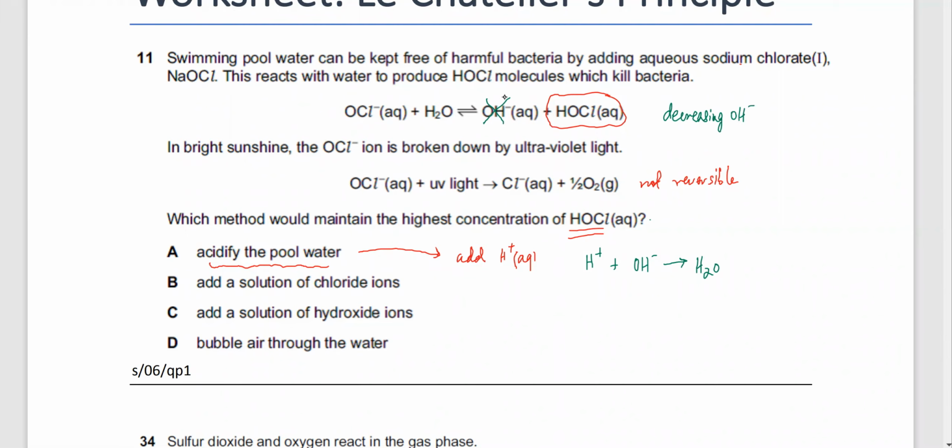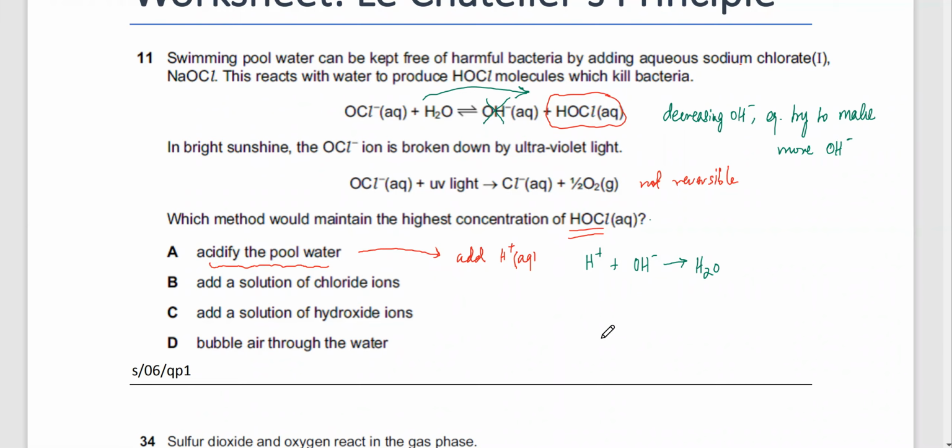Then what would the equilibrium do? Equilibrium would try to do the opposite. It's going to try and make more OH- ions. And the only way it can make more OH- ions is by favoring the forward reaction. And if the forward reaction is favored, then automatically there's going to be more HOCl formed as well.